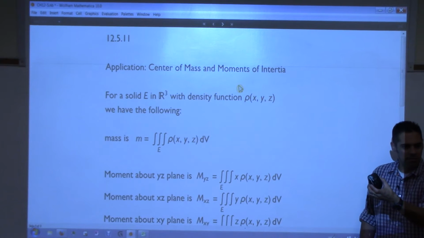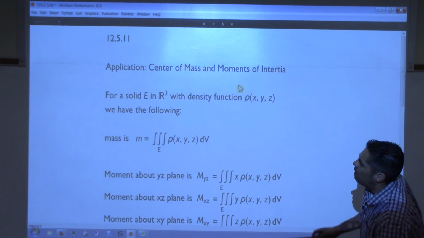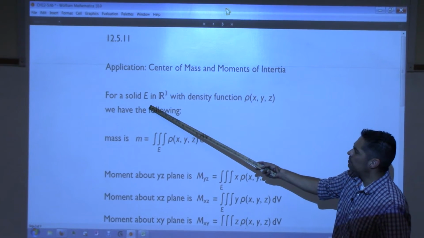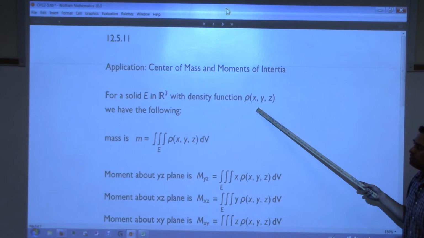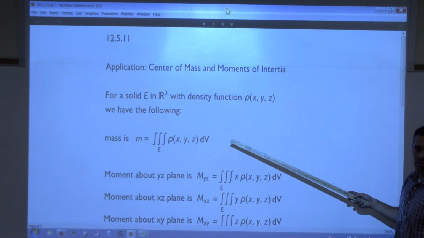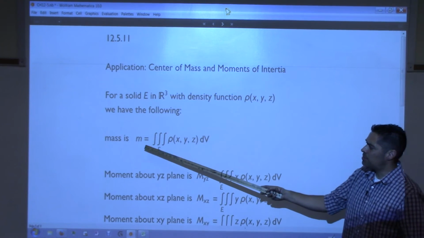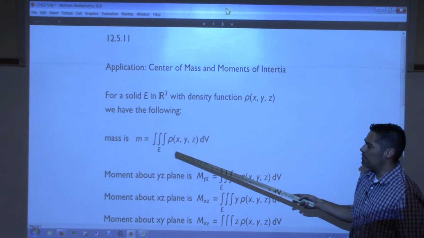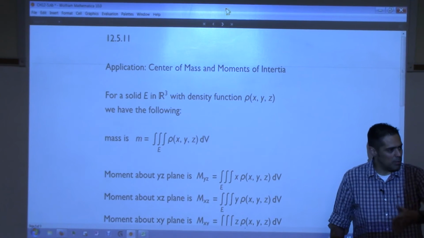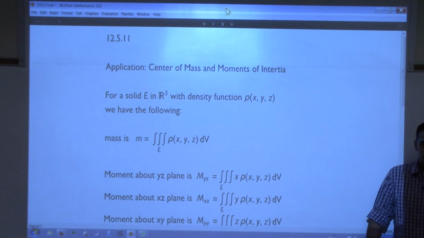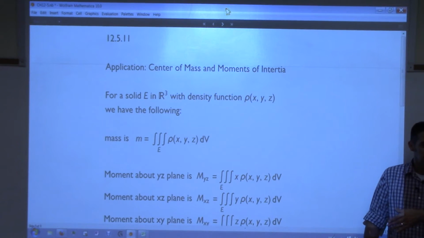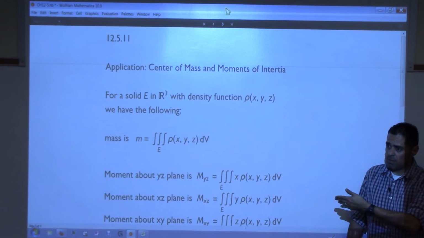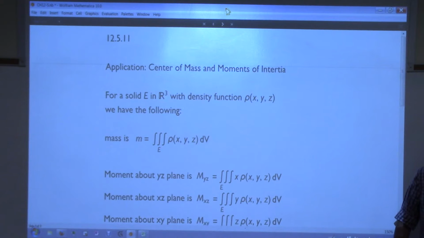If I have an object in 3-dimensional space, and I know its density function, then we have the following results. The mass is the triple integral of the density function. Wasn't that exactly what it was with the lamina? The mass was the double integral of the density function. So the mass of a 3-dimensional object is the triple integral of the density function.